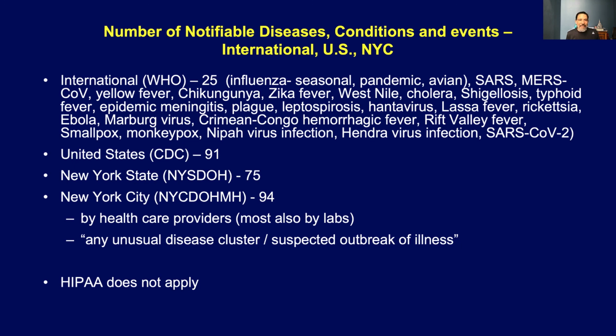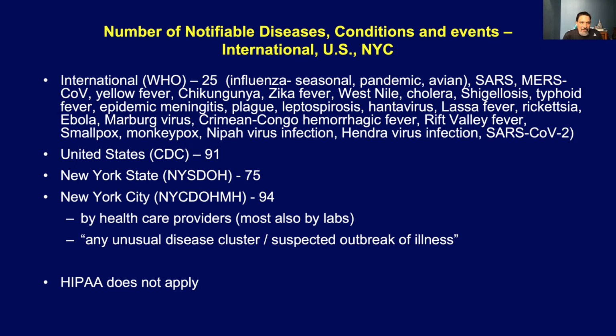So how many notifiable diseases there are also depends on your vantage point. Globally, there are about 25. This is a list that's always changing, as you can imagine, but there are about 25 notifiable diseases and conditions that are reportable by countries to the WHO on an international level.